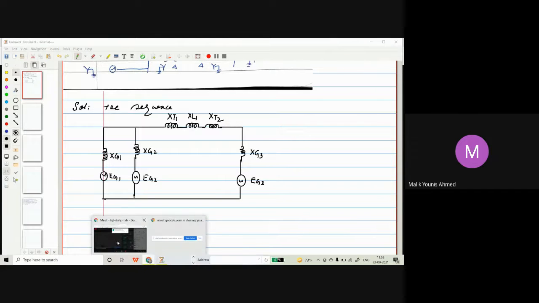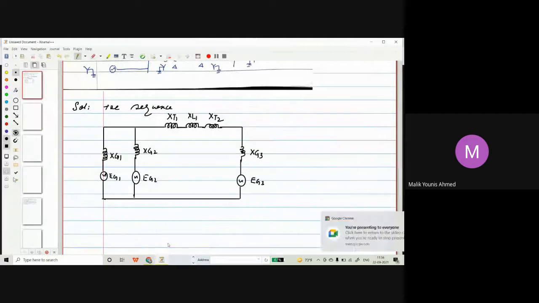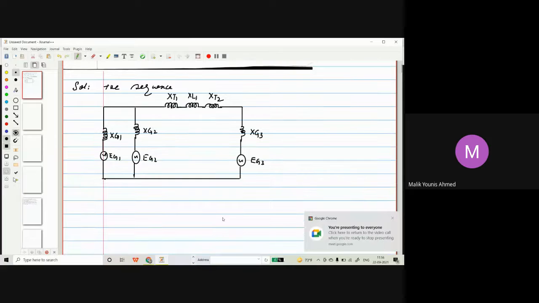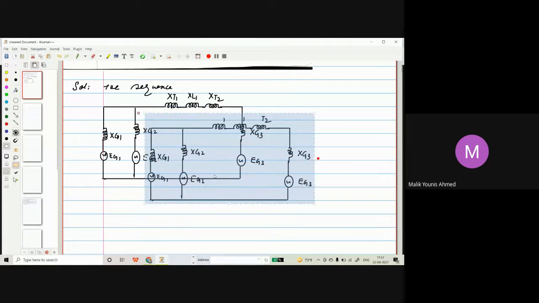Let's come to the next, which is negative sequence. Have a look. I will copy this and paste it here.